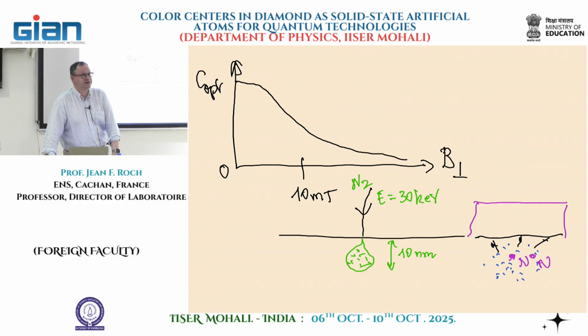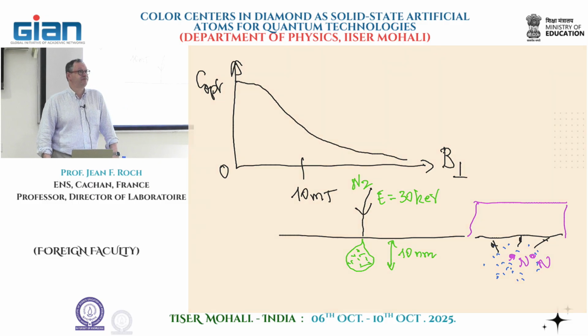This works. It has already been developed, for instance, by people in Delft, in the team of Ronald Hanson, who made a loophole-free test of Bell inequalities using that. But unfortunately, it's again the problem of getting indistinguishable single photons from a single NV, which is difficult due to the poor emission rate in the zero phonon line.